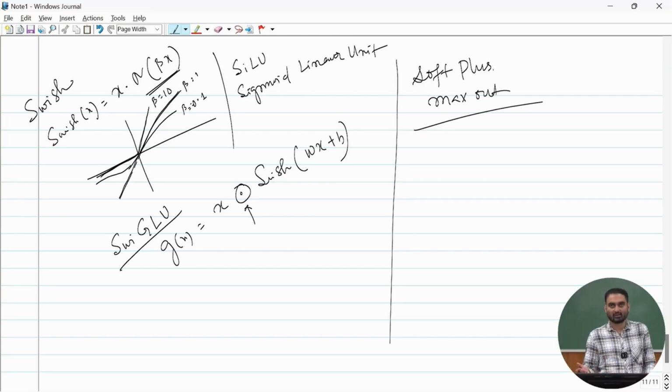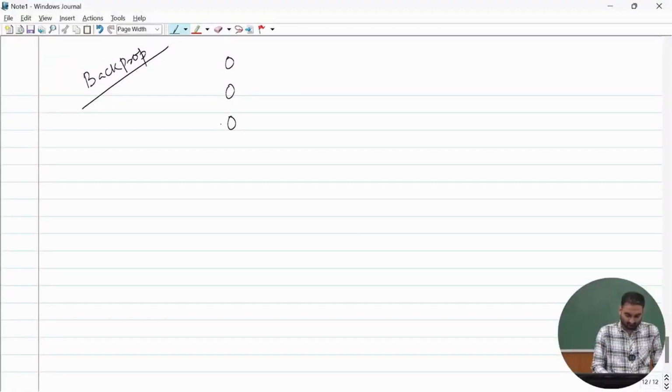Alright, so in the next part of the lecture we'll talk about backpropagation. Let's draw a diagram again. A simple multi-layer perceptron, and let's assume that there is only one hidden state and only one output.